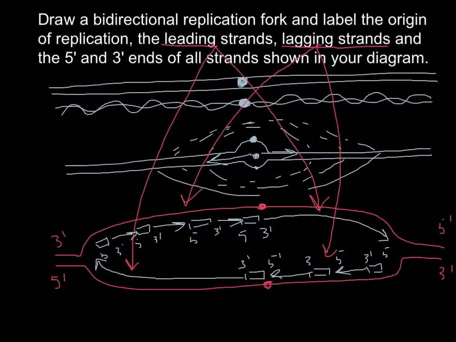So both new strands will have a leading strand and a lagging strand, and on the opposite new strand of DNA we also can see a lagging strand and a leading strand. So this is a picture that would probably show you a better concept of how DNA replication works.